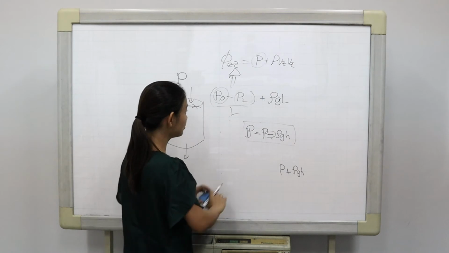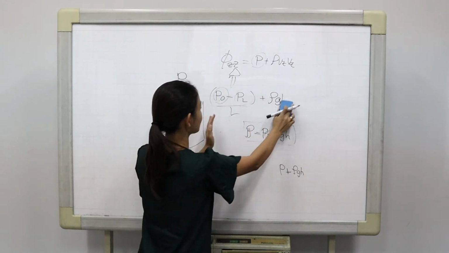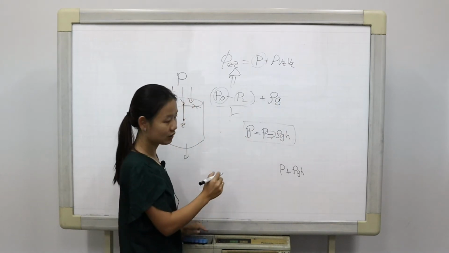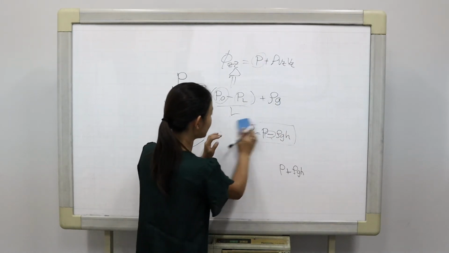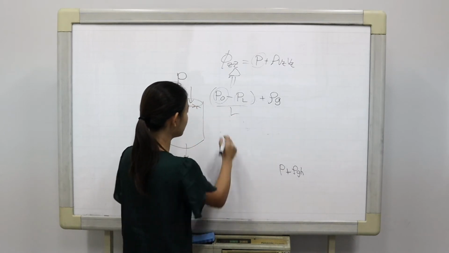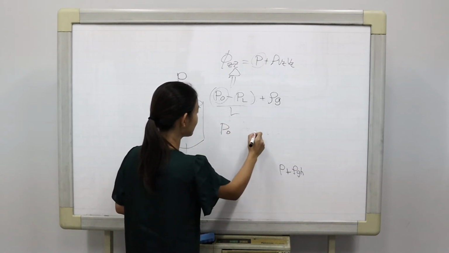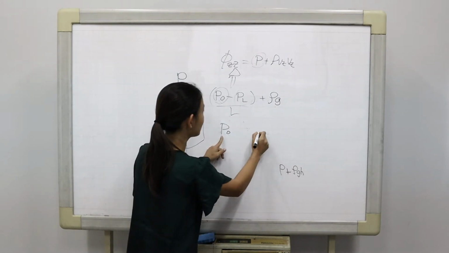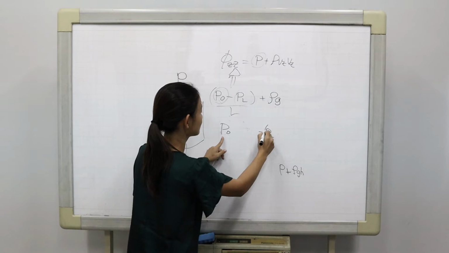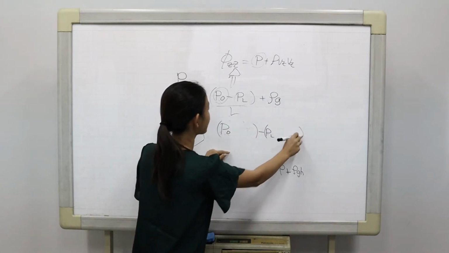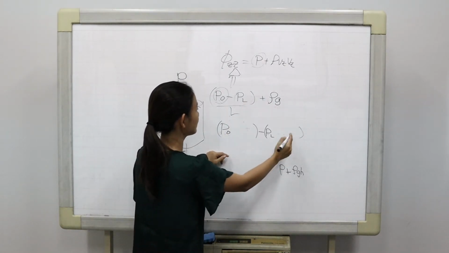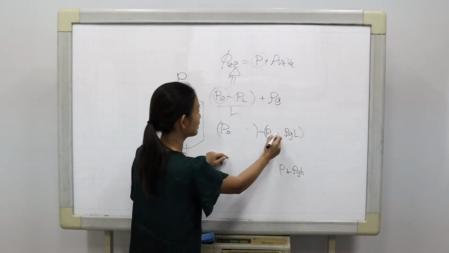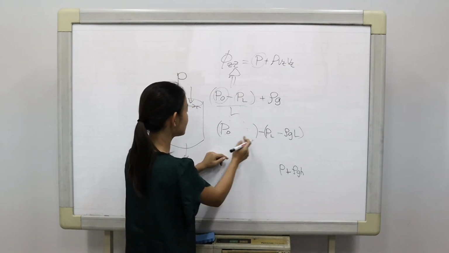So when I change this form into the modified pressure form, I always write it like this: pressure 0 minus pressure L. Rho g L must come here, and the sign should be minus.